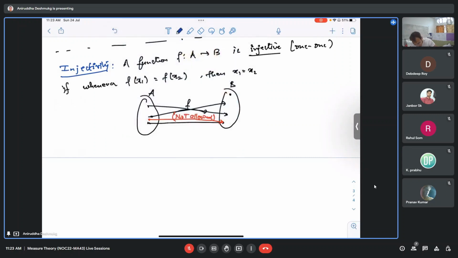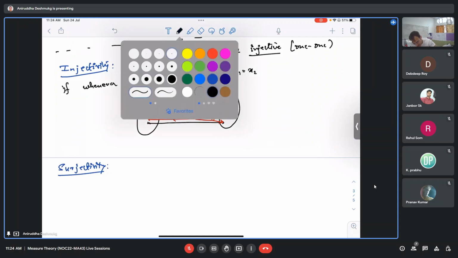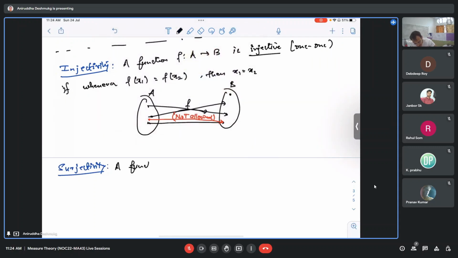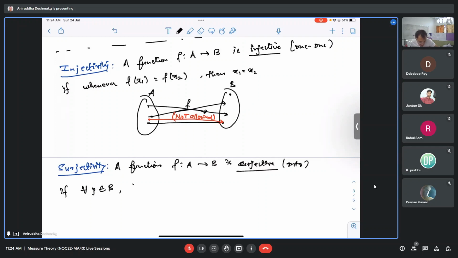The second thing we want to look at is surjectivity. What does surjectivity say? A function, again from one set to another, is surjective, also called onto, if for each y in the other set B, called the codomain, we can always find some x in A such that y is the image of it.